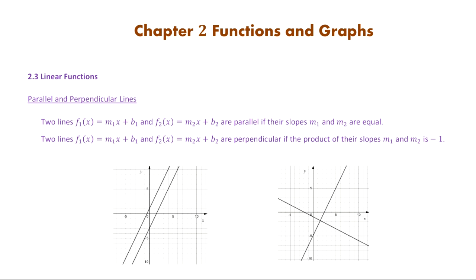So m1 times m2 equal to -1 if they are perpendicular, or they are negative reciprocals of each other. The two slopes are negative reciprocals of each other, so that's the same thing. If you find those two slopes have that relation, then the two lines are perpendicular.